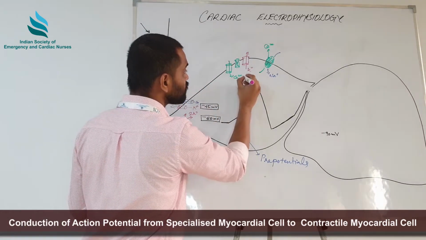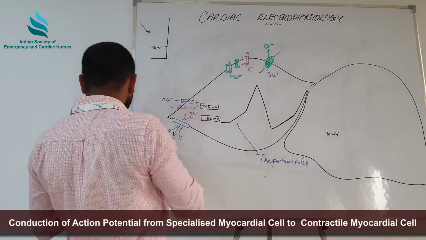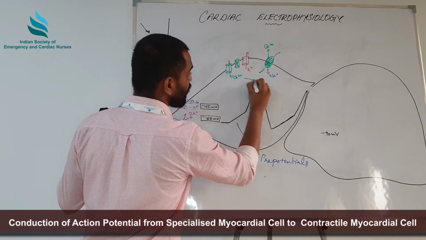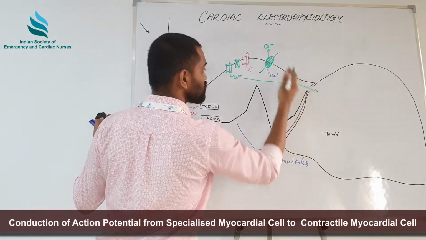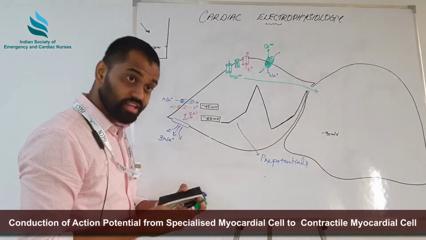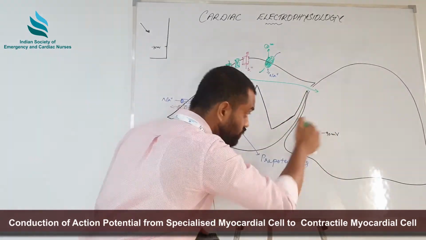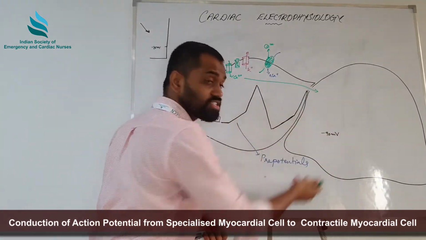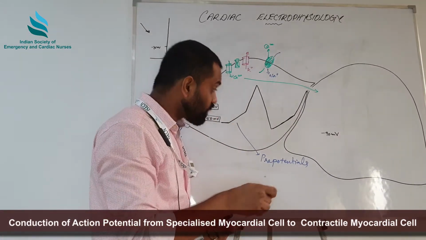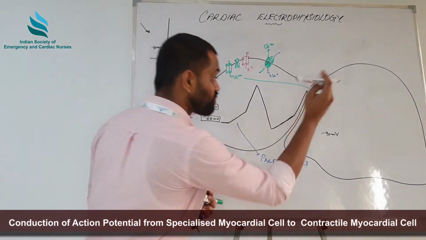So a few calcium ions from here will migrate to the adjacent segment, or through the gap junctions sometimes to the adjacent cell. This is the entry of cations into the adjacent cell, which means the adjacent cell is being loaded with cations, so it is stimulated, which raises the resting membrane potential of this atrial cell.